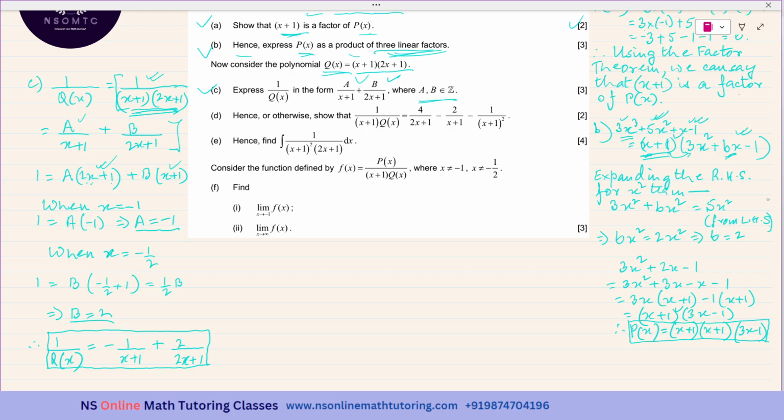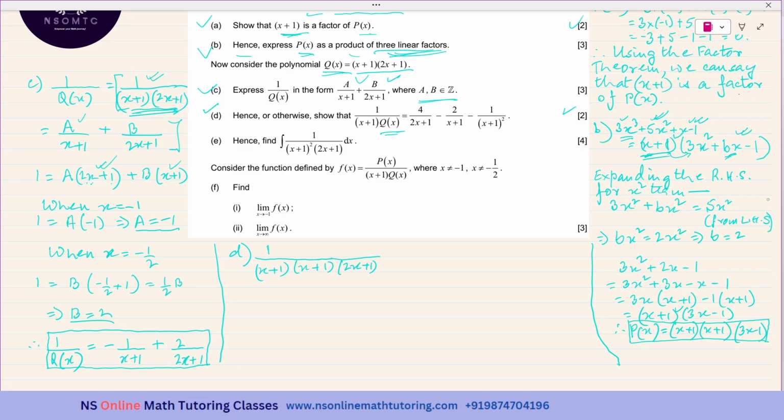Fine. So now coming to subpart D. Hence or otherwise show that 1 over x plus 1 times q of x equals something. It contains just 2 marks. So q of x was x plus 1 times 2x plus 1.